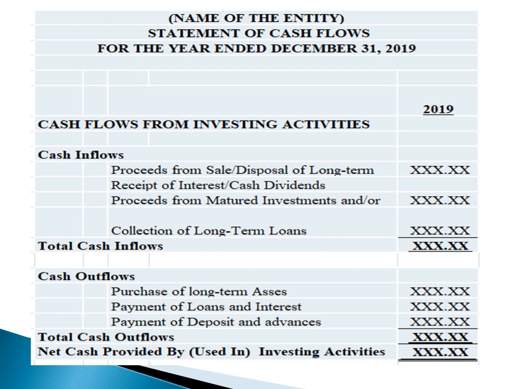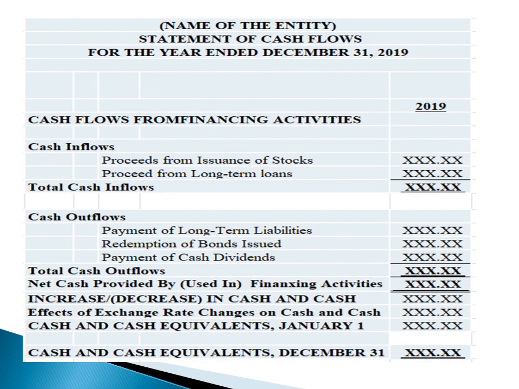These receipts from interest and cash dividend are usually from our investments. And then proceeds from matured investment and collection of long-term loans. Next, we also have cash outflow. So we have the purchase of long-term assets, the payment of loans and receivable, and the payment of advances and deposits for long-term activities. Okay? So we have the net cash provided in the investing.